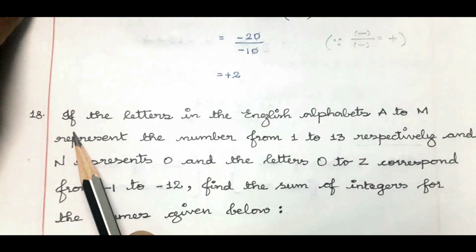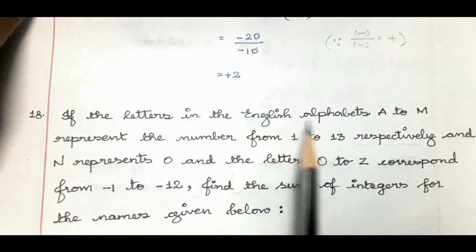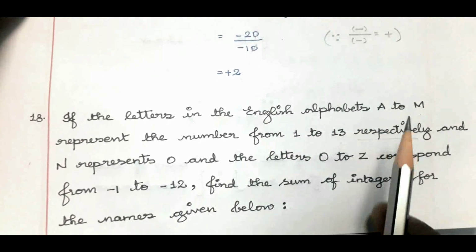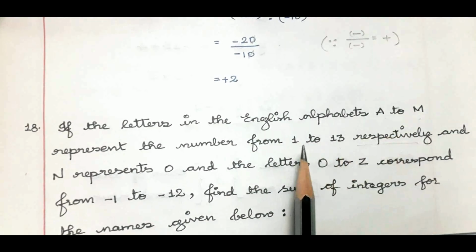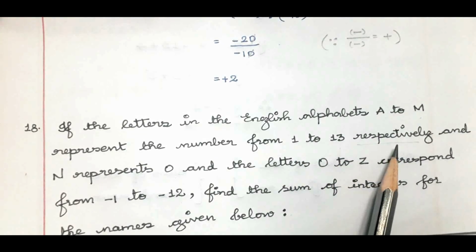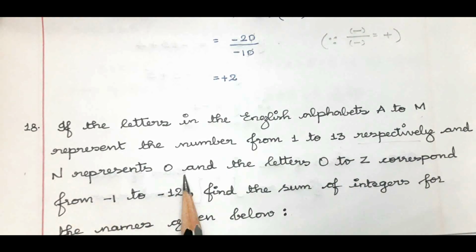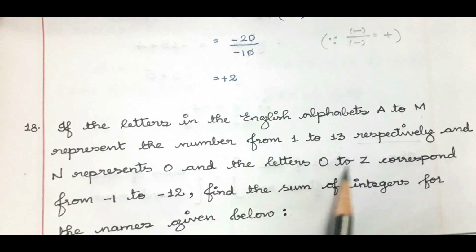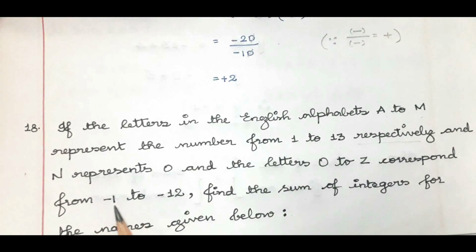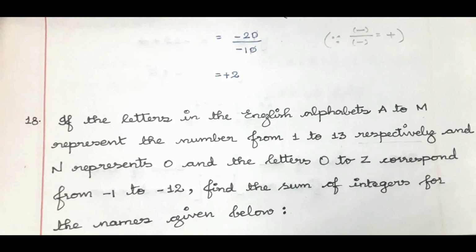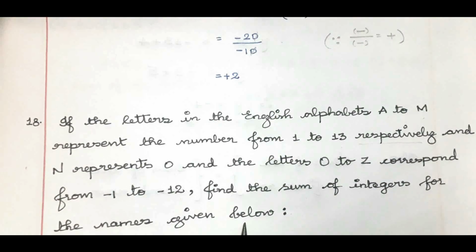Okay, 18th question. If the letters in the English alphabet A to M represent the numbers from 1 to 13 respectively, and N represents 0, and the letters O to Z correspond to minus 1 to minus 12, find the sum of integers for the names given below.